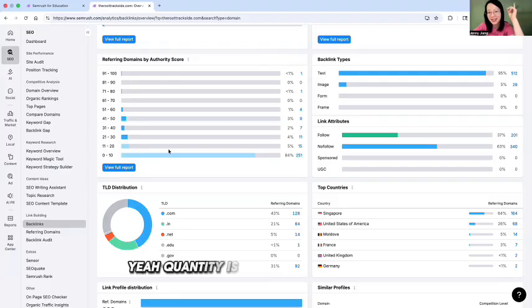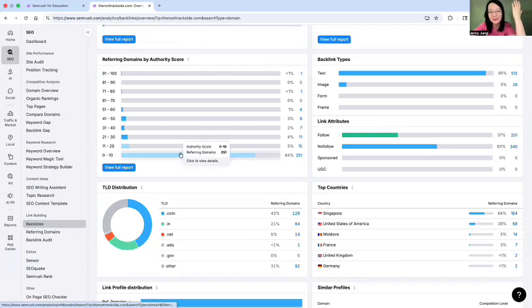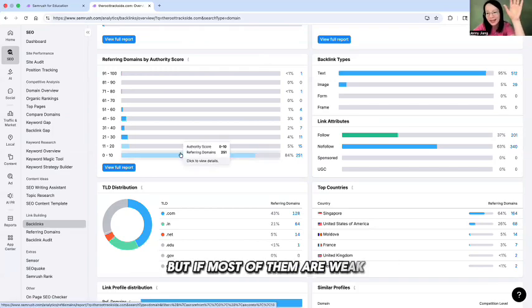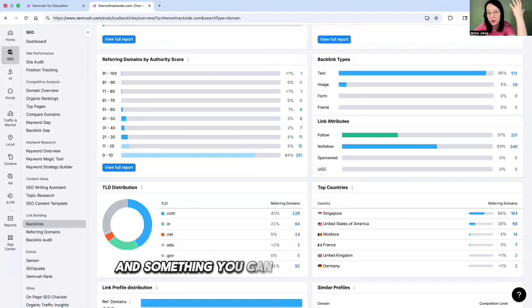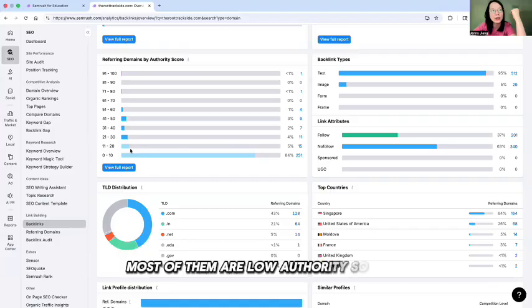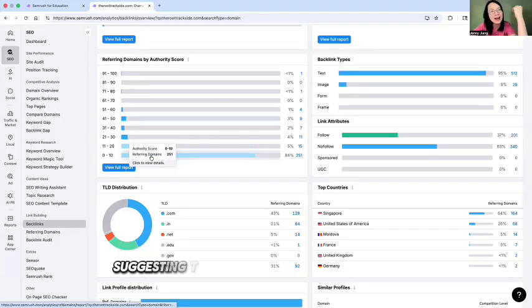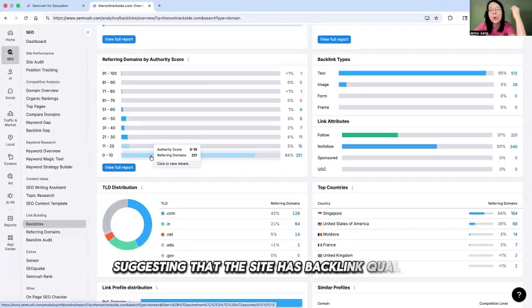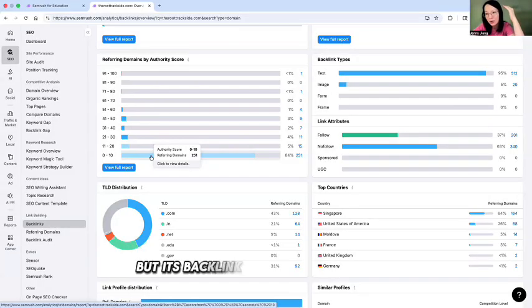A site can have many referring domain, but if most of them are weak, the SEO value may still be limited. And something you can report here could be, although the site has a moderate number of referring domain, most of them are low authority sources, suggesting that the site has backlink quantity, but its backlink quality may be limited.